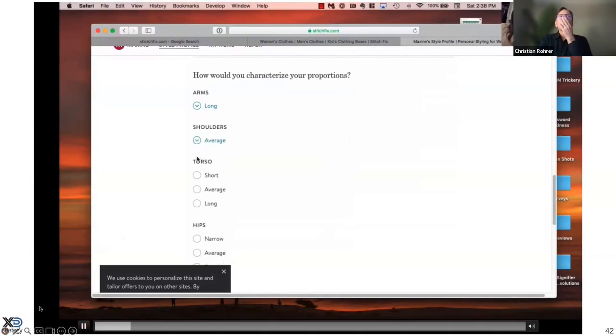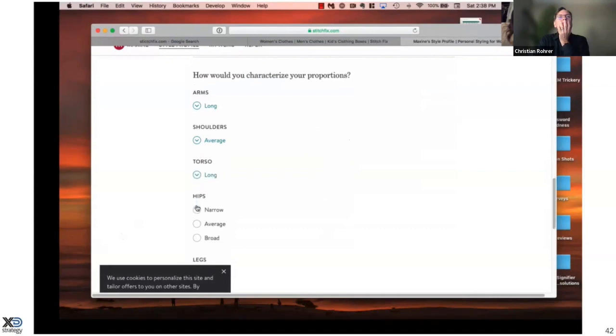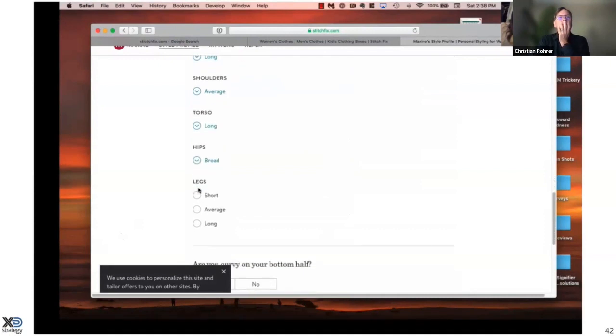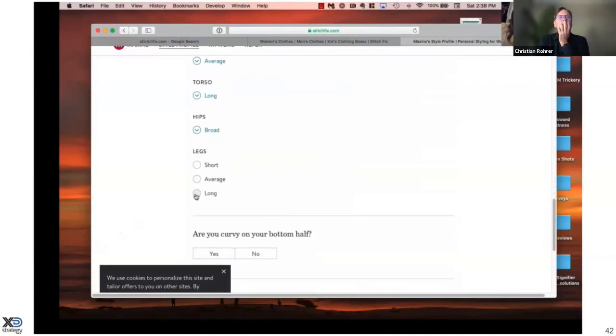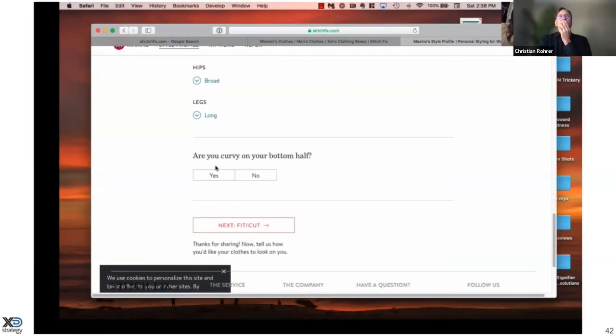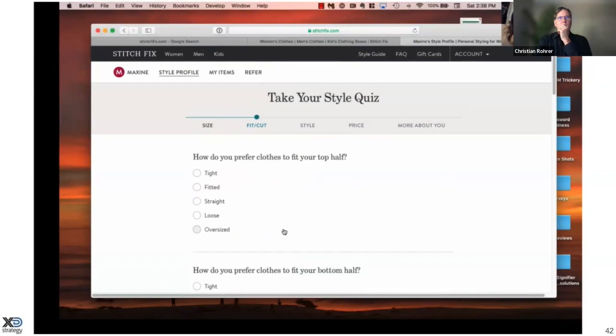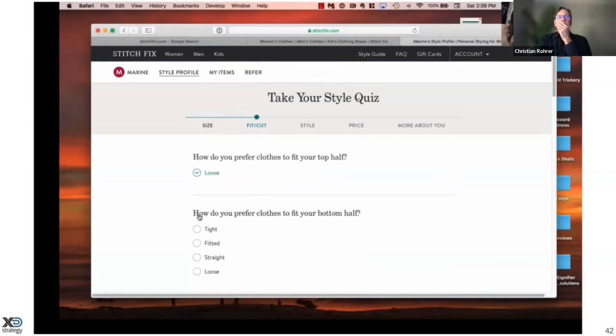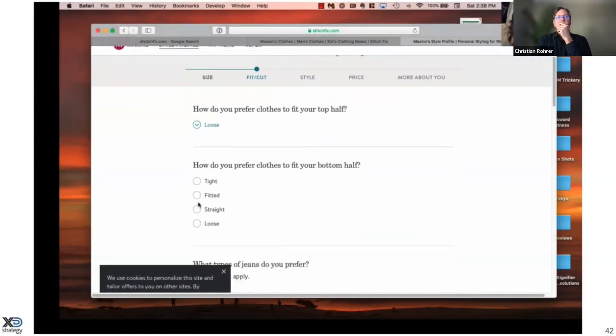Average. Okay. Okay. You prefer clothes to fit your bottom half.